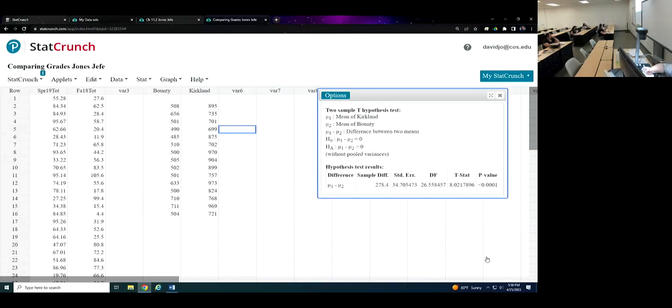And I'm getting a T-stat of over 8, holy crap. 8.02. I get a p-value of less than 0.0001.